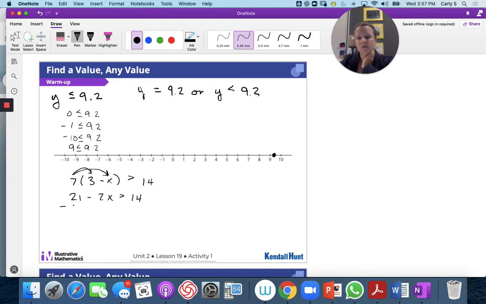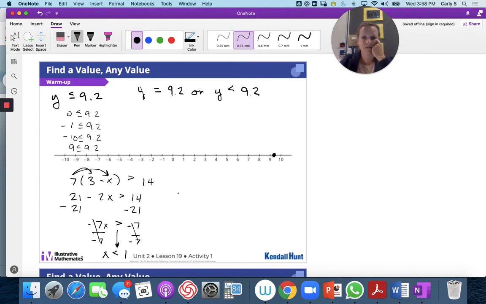Then I subtract 21 from both sides and get negative 7x is greater than 14 minus 21, which is negative 7. When I divide both sides by negative 7, I actually get x is less than positive 1. Whenever you multiply or divide by a negative in inequalities, your inequality has to flip. I did not want to go through this rule on the first day.